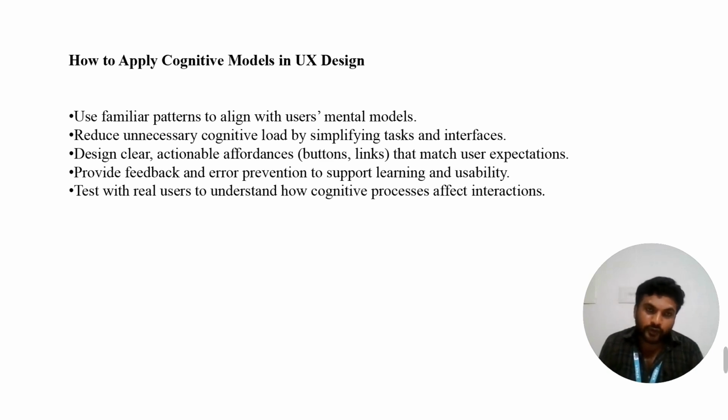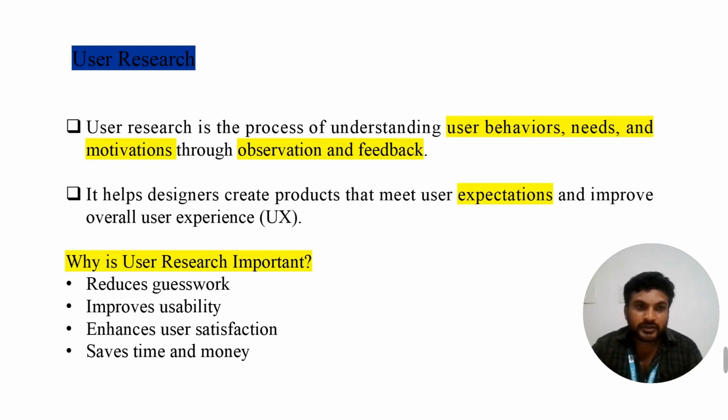Then the key components of cognitive models in user interface and user experience: perception, attention, memory, mental model, learning, decision making, and problem solving. So these are all the main points of cognitive models in user experience design.